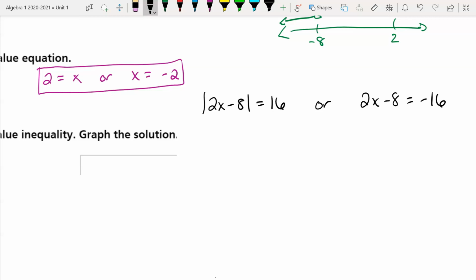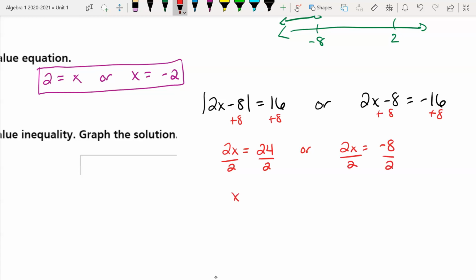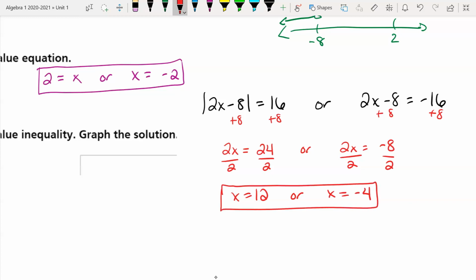I just changed the sign of stuff that's not inside the absolute value. So on both of these, I'm going to add 8. I'm going to divide by 2 on both of them. So I get my 2 answers.